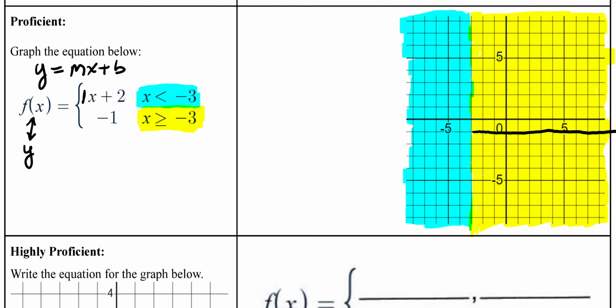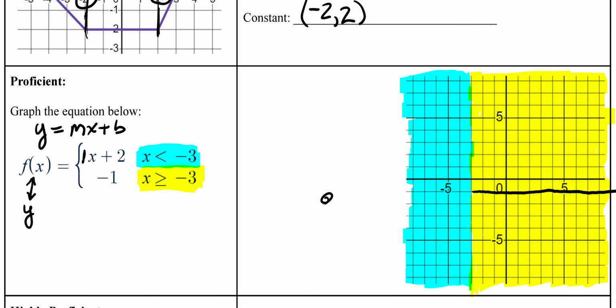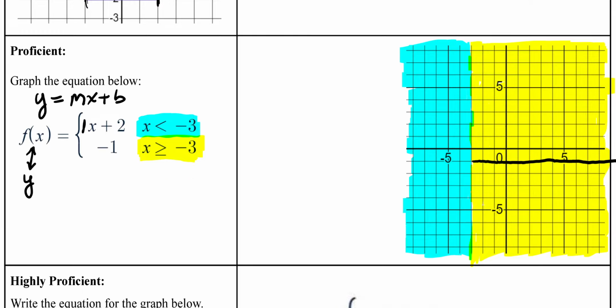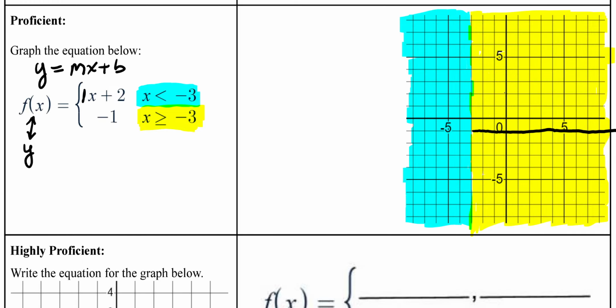So I'm going to go to 2 right here, 1, 2.